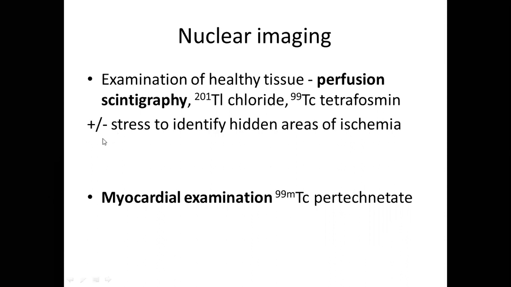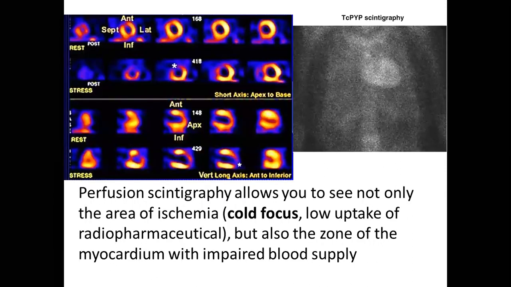Plus, we can make stress tests to identify some hidden areas of ischemia, because some patients have cardiac angina only when they have stress. And also, we may make myocardial examination if patients have infarction with technetium, but not tetrofosmin as here, but pertechnetate. And they will give us a different depiction. So what we may see right here.